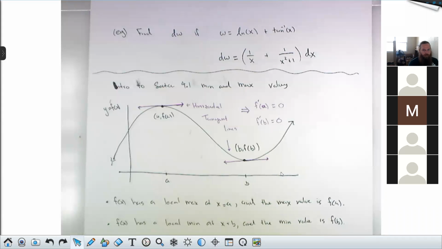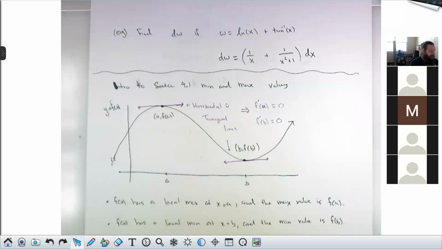So a cool way to go hunting for mins and maxes is to take the derivative and then figure out where that thing is 0. If you have a nice smooth function with a max at x equals a, then it must be true that the derivative there is 0. And similarly, if you have a nice smooth function with a min at x equals b, then it must be true that the derivative there is 0.